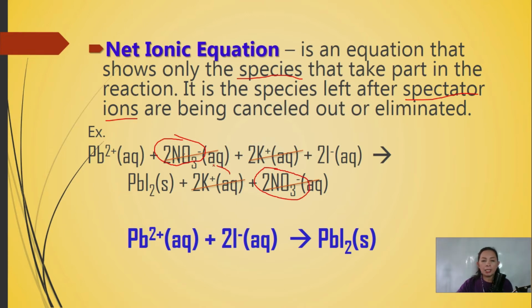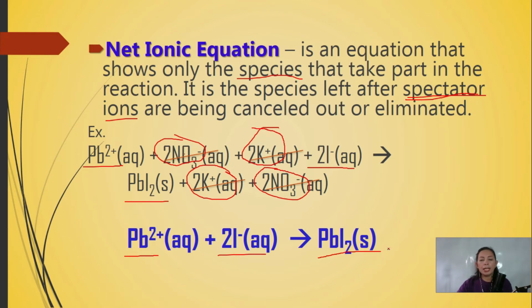Another is the potassium ion, which is also present in both the reactants and the product side. So we call them spectator ions. What will remain will be Pb2+, which we write here. We also have the iodide ion, which we also write here, and the lead(II) iodide.